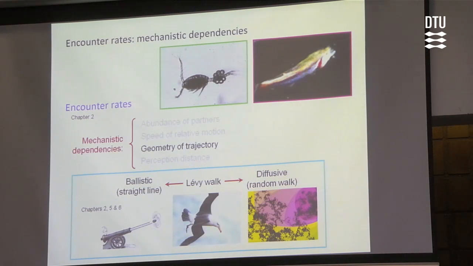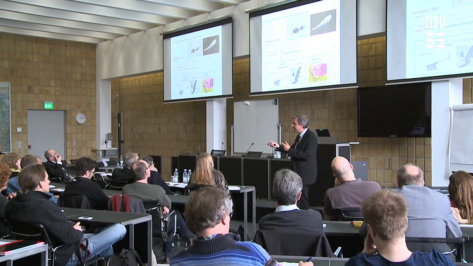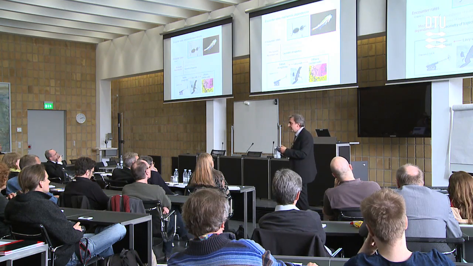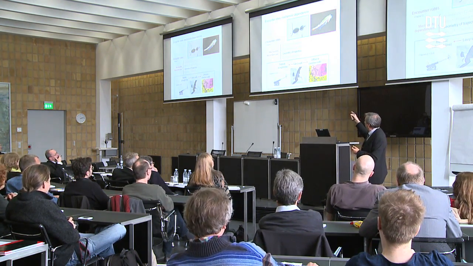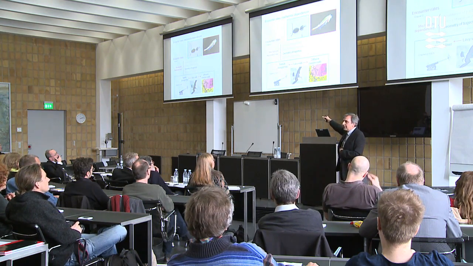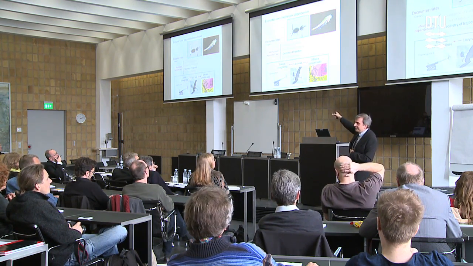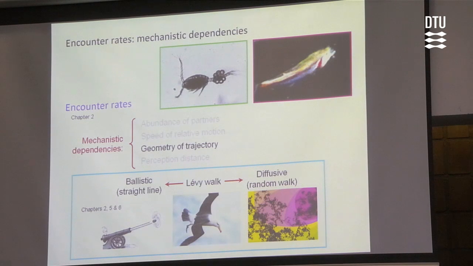Everybody understands the basic search pattern of a drunk trying to find his house, or whatever. And then there's this whole area in between, Lévy walks, and if you wonder why there's an albatross underneath that, there's a fascinating story which will take another half hour, should you ever be interested in that.